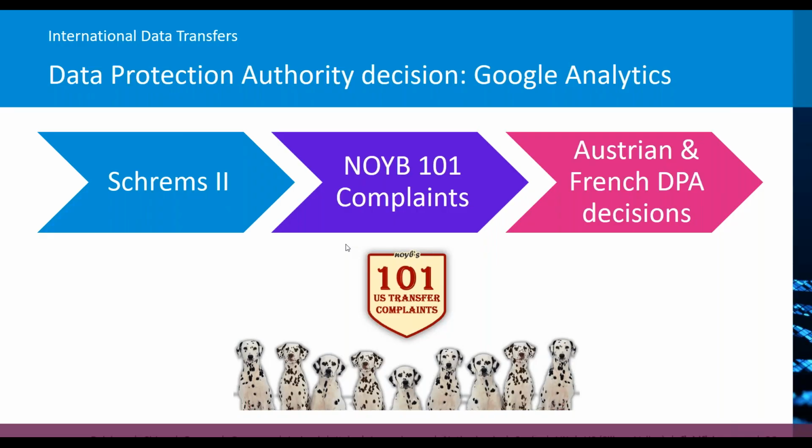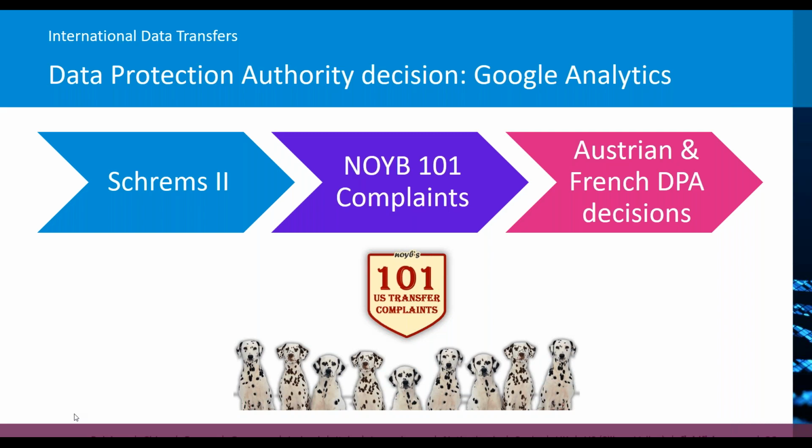So shortly after the Schrems II decision, almost coming up to a couple of years ago, Max Schrems decided to have some more fun, and he, under his NOYB organization, which is based in Austria, issued 101 complaints, just like the Dalmatians, to DPAs around Europe about various companies' use of Google Analytics and also Facebook Connect.